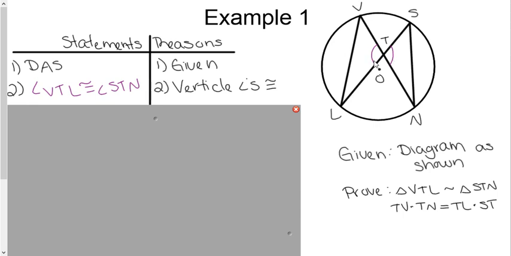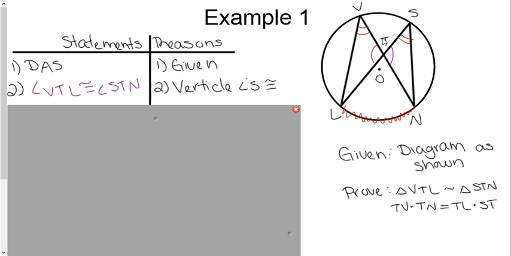Now here's where that theorem we just talked about comes into play. If I look at angle NSL, which is this angle right here, if I extend SN and I extend SL, that shows me that it's this arc that's been intercepted by this angle. And if I look at angle V up here, and I extend those lines, it intercepts the same exact arc.